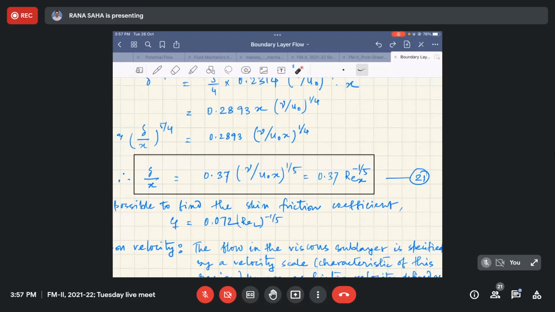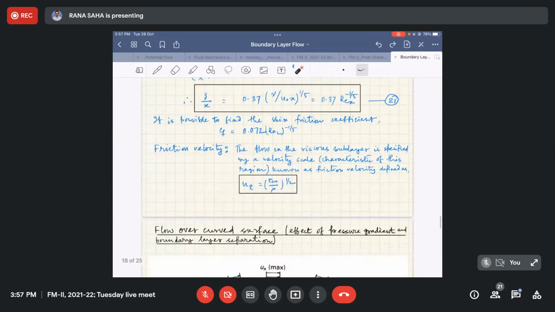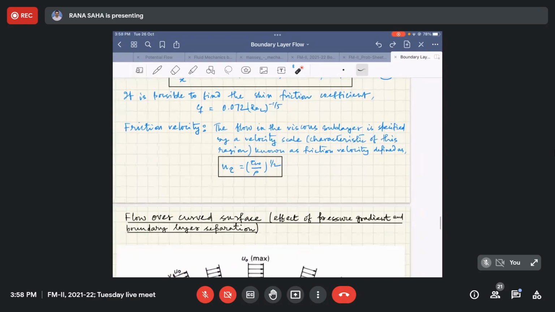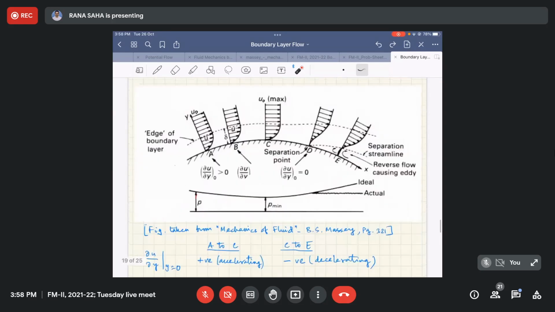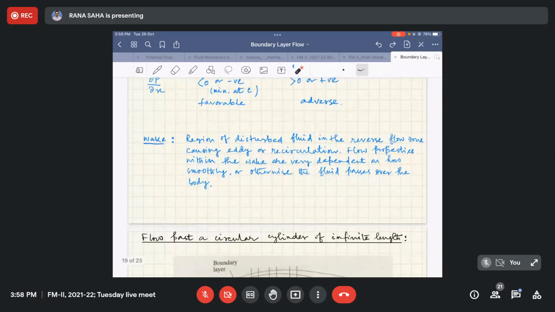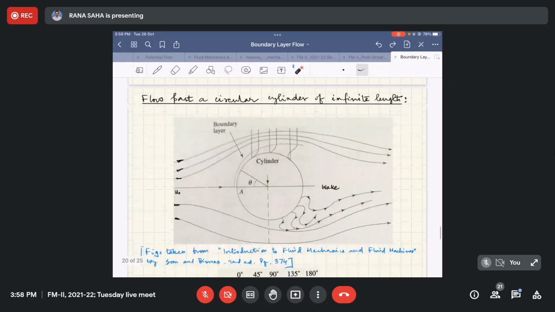This is for turbulent flow over a flat plate. But again, this is only for the skin friction part. If you want to estimate the amount of drag due to boundary layer separation, there is an analytical technique that exists, but that is beyond the scope of our syllabus.